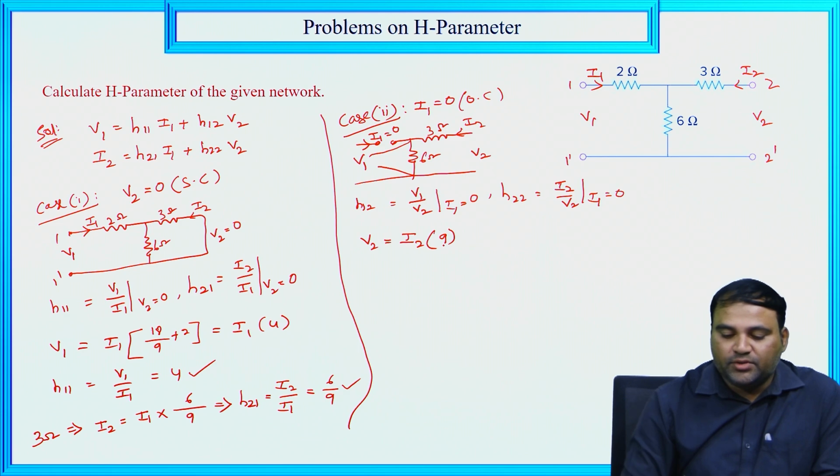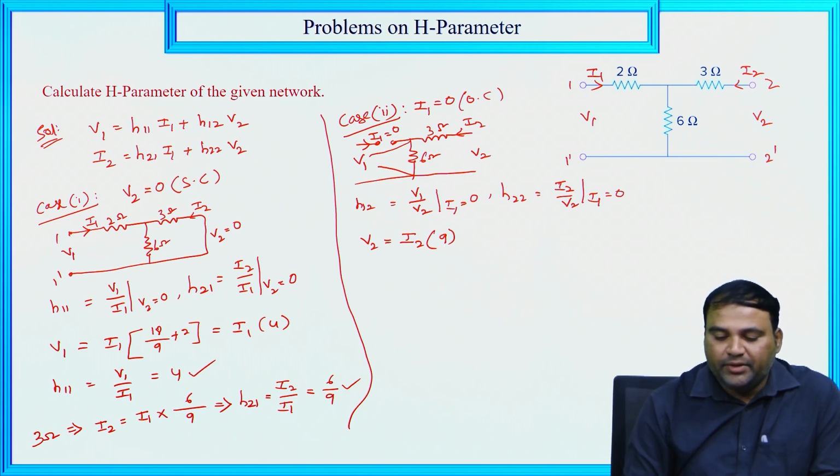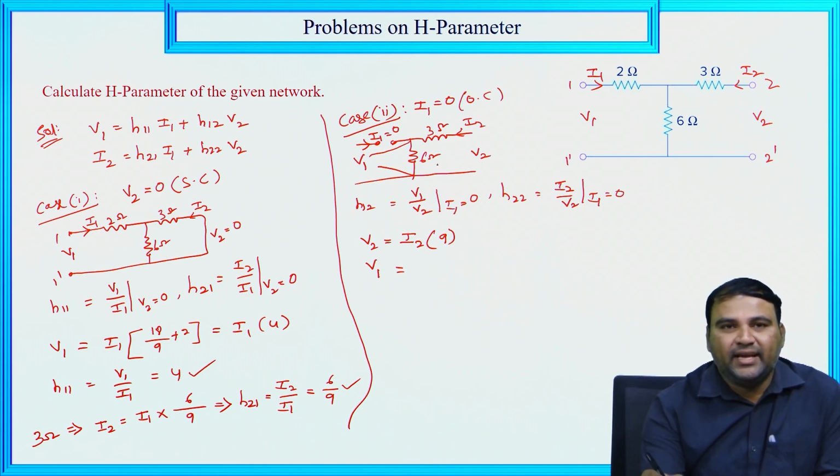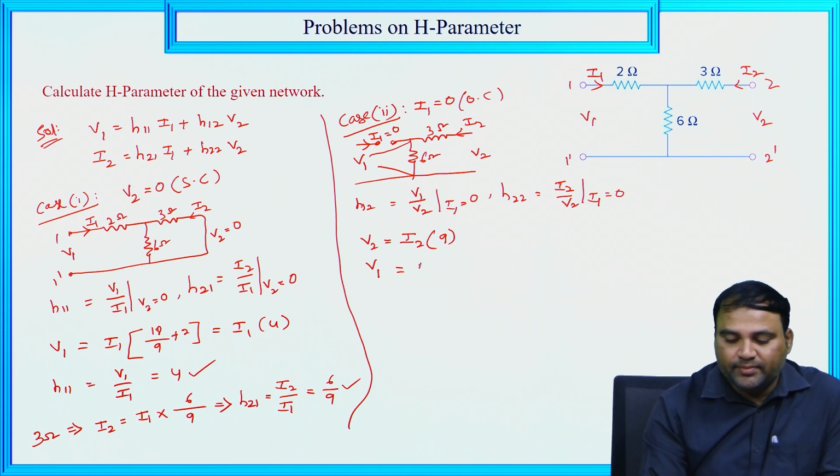So V2 equal to I2 into 9. Now what about V1? So V1 is the voltage drop at 6 ohm resistor. So 3 and 6 are in series. In series current is constant, means current through 6 ohm is I2. So V1 is equal to I2 into 6.